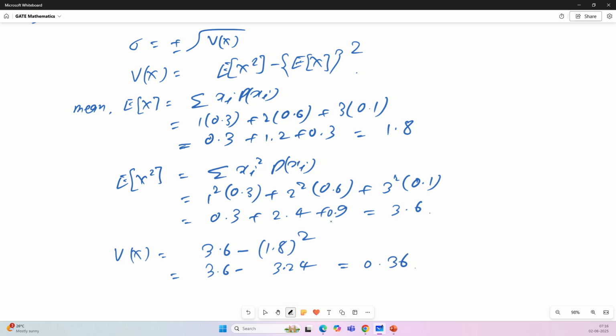Now the standard deviation is the square root of variance, the square root of 0.36, which is plus minus 0.6. This is how you find the standard deviation from the given random variable.